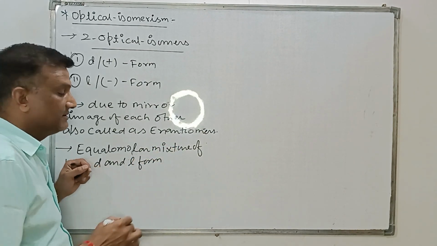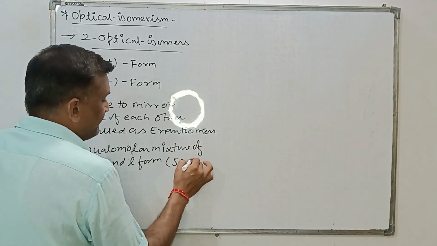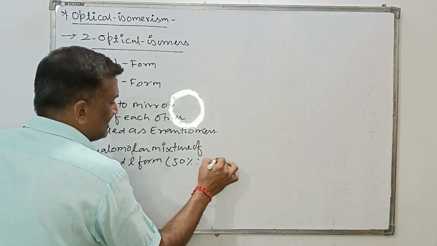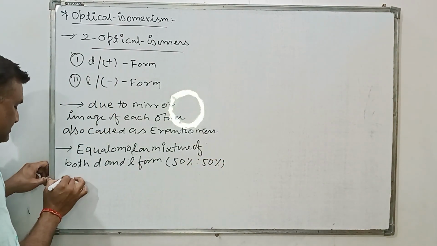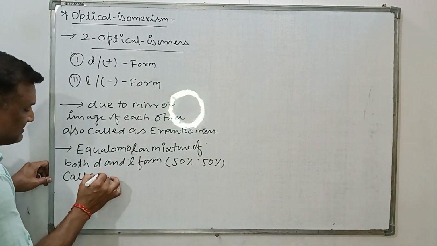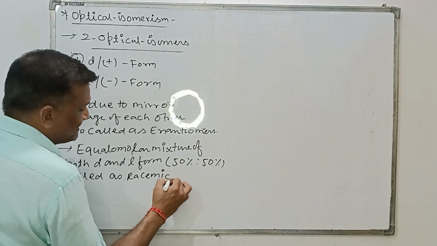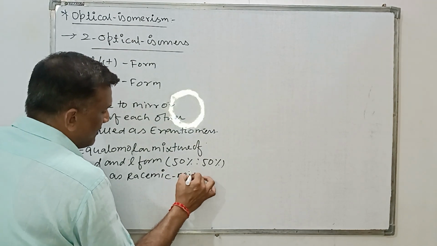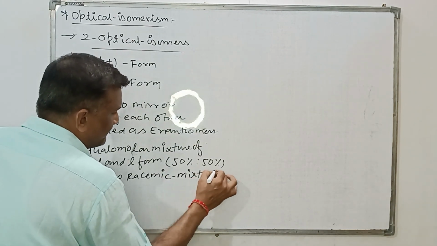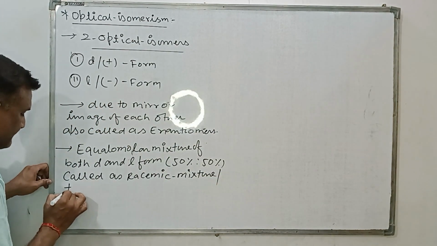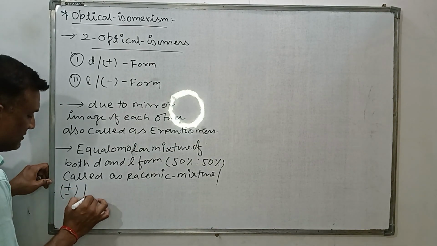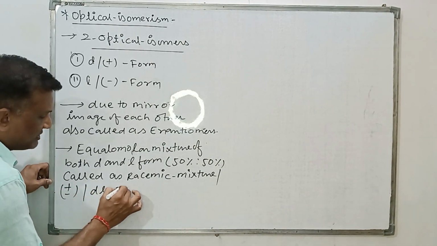Equimolar mixture means 50% D form and 50% L form, called racemic mixture, or we can call it plus-minus mixture, or we can call it DL mixture also.